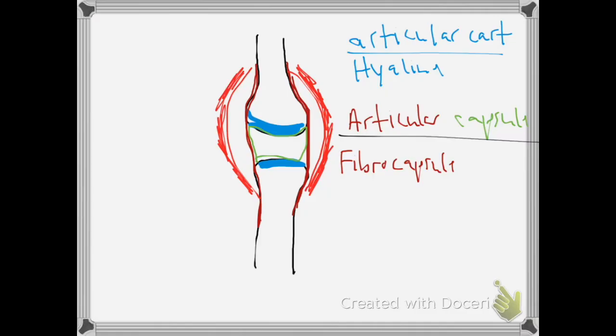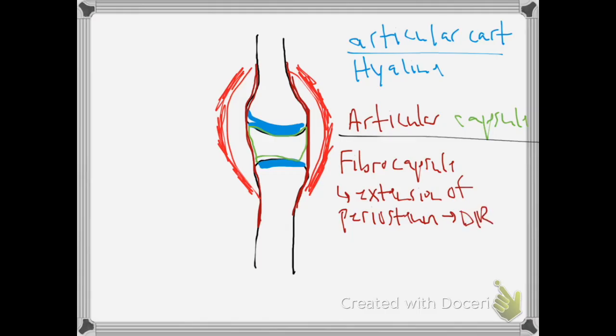Surrounding bone, those are your two roots. We talked about that periosteum. So this fibrocapsule is essentially an extension of this periosteum, and if that's the case, then we know it's made of dense, irregular connective tissue.